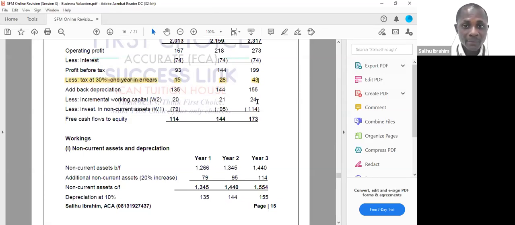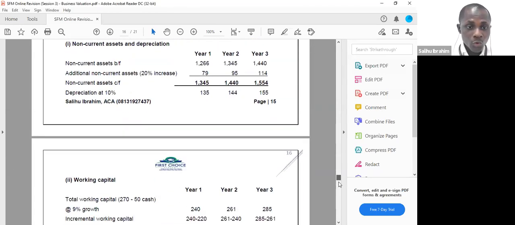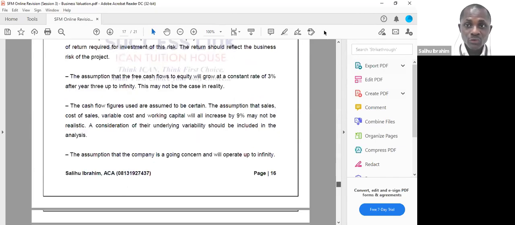This is incremental working capital. It is also an outflow. So they should be within brackets. So the figure is correct. Just put the tax in brackets and the working capital in brackets, and you get that figure there. So let's go to the next question, which is question number 4.